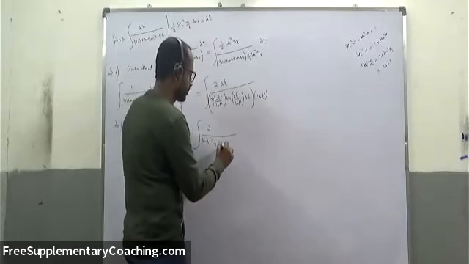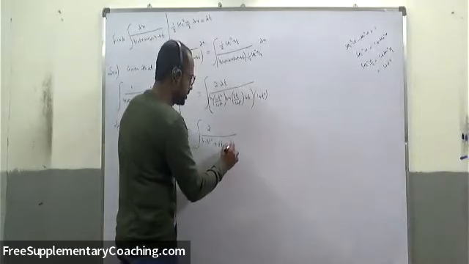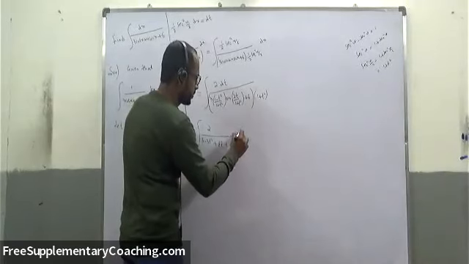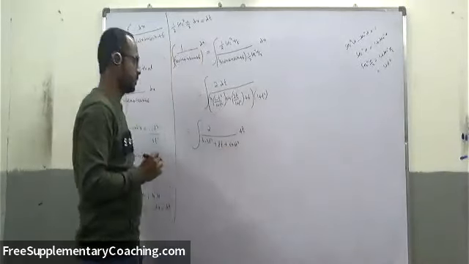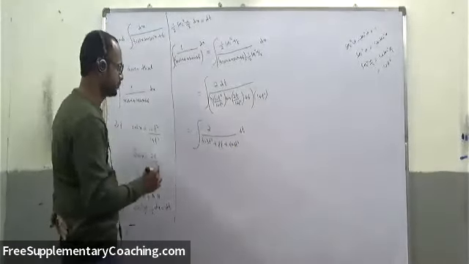Plus 6 into 1 plus t square, that is 6 plus 6t square, into dt. Now simplifying this, what we are getting?